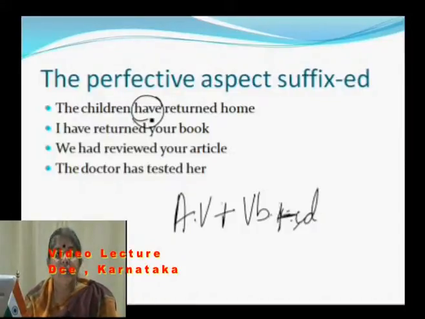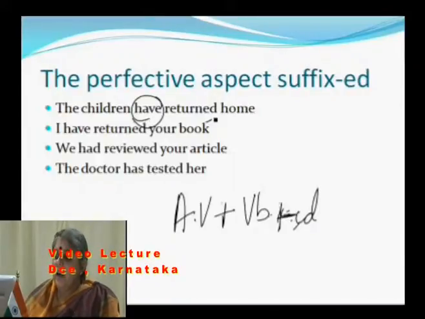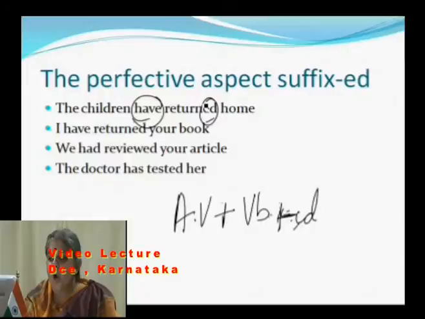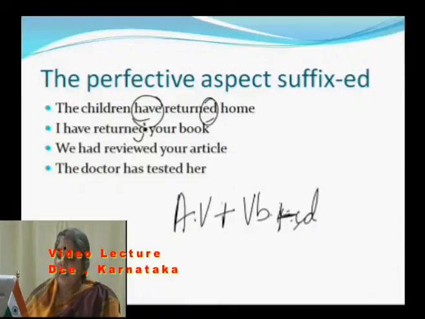I am using the word children in plural. So, children have returned, takes which form? Ed form, home. I have returned your book. Or since I have repeated the same verb, I will give you another verb. I have borrowed your book. Borrow, borrowed. Return, returned, ed.